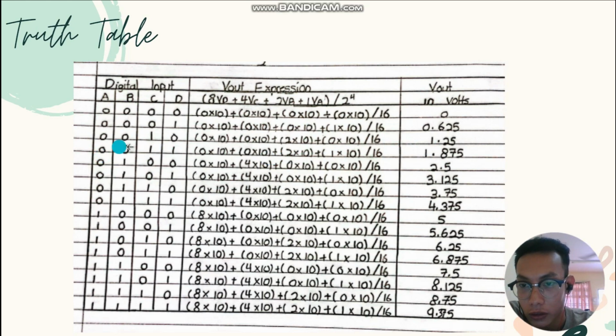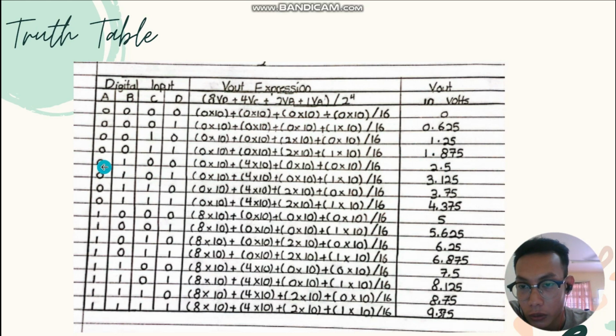After that, 0011 in binary, so we use the Vout expression. In the Vout expression, 0 times 10 plus 0 times 10 plus 2 times 10 plus 1 times 10 over 16, and we get 1.875 volt.